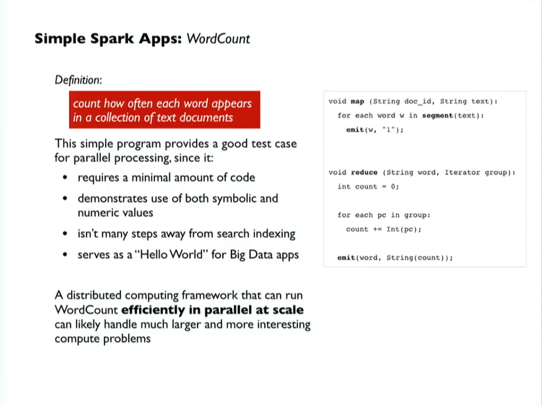It has parts that can be parallelized, and other parts that are very hard to parallelize. So if you can do word count efficiently at scale in parallel on some framework, then you've got a good idea that a much broader class of interesting problems can be solved in parallel and at scale on that framework. So it's a canary in a coal mine to prove out the distributed frameworks.